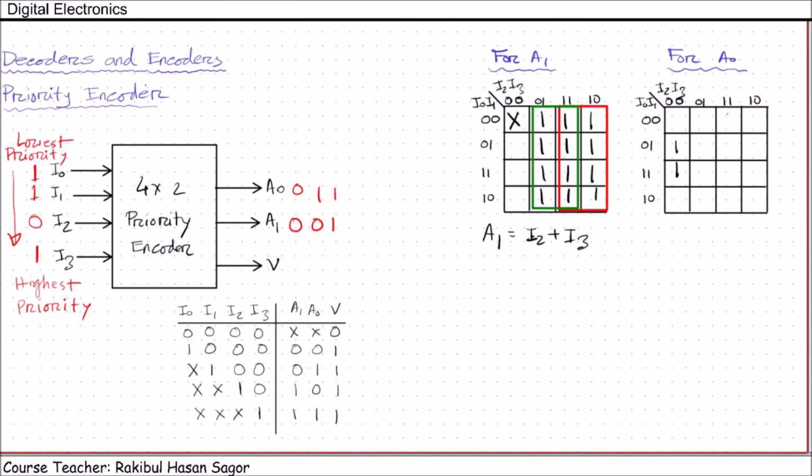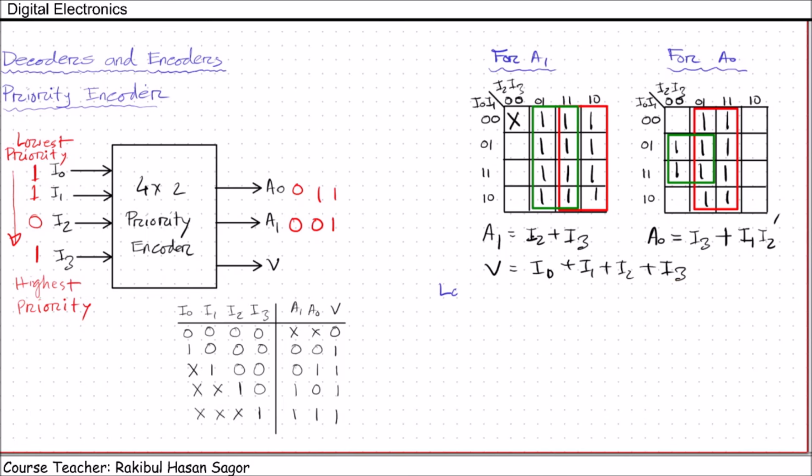So we need to place 1s here. Now we can take this box and this box. So A0 can be written as I3 plus I1 I2 prime. And V has the expression I0 plus I1 plus I2 plus I3.